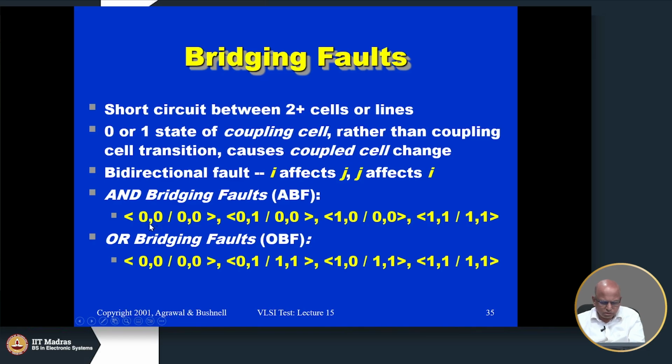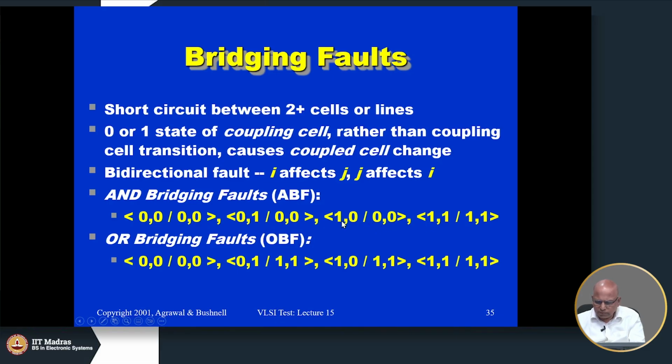So, if you store 0 0 in cell I and J, the AND of those two will be stored. Here also cell I contains 0, cell J contains 1, but what will actually get stored is 0 0, the AND of these two.